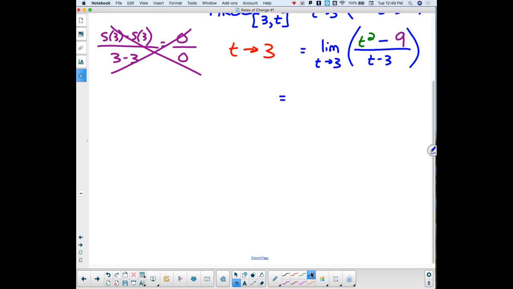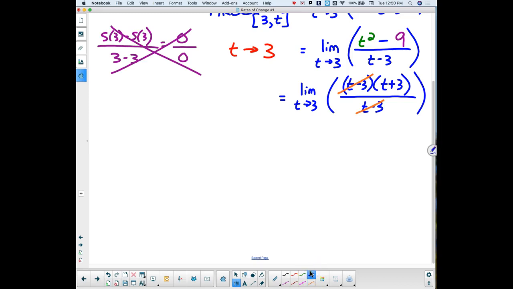Fantastic. So this is going to become the limit as t approaches 3 of t minus 3 times t plus 3, all over t minus 3. Mathematically, the t minus 3's now cancel each other out. That leaves me with the limit as t approaches 3 of t plus 3.